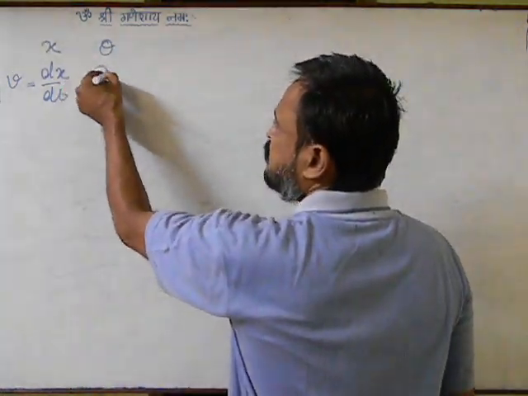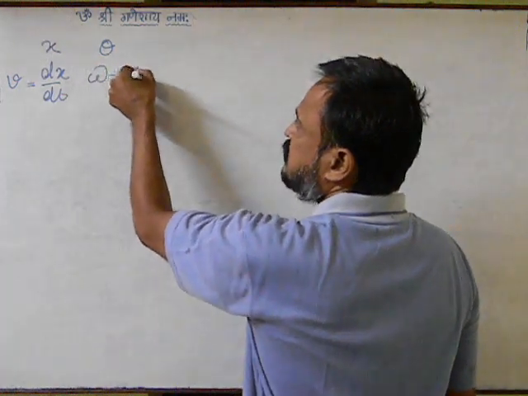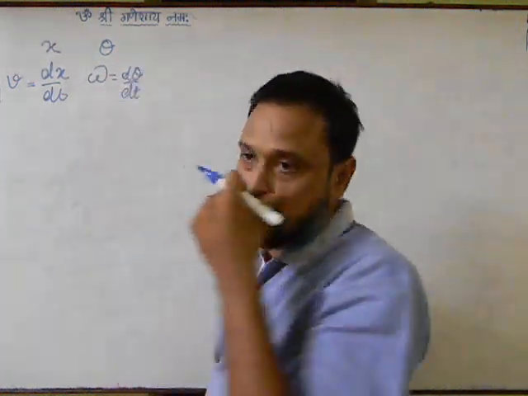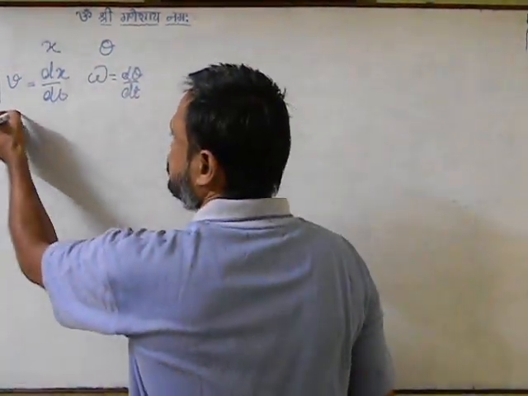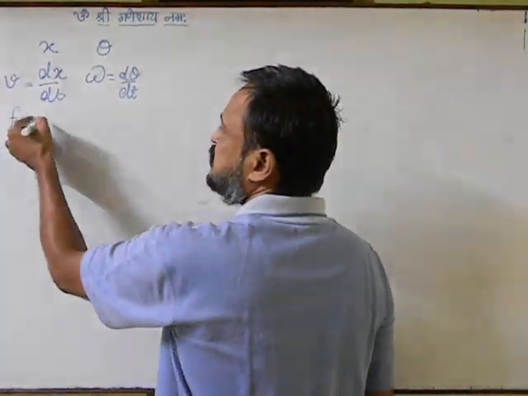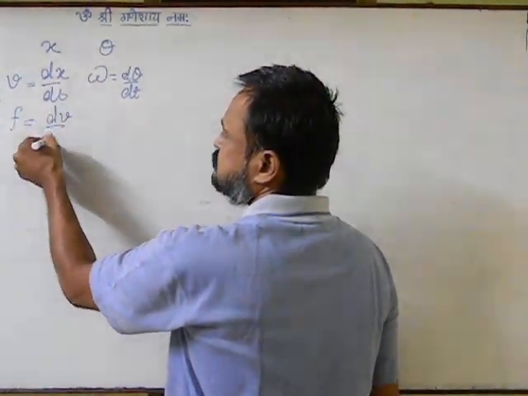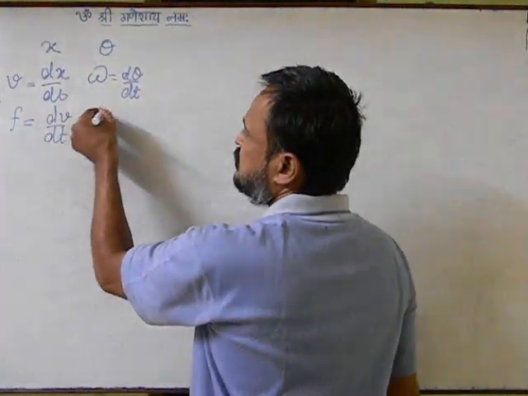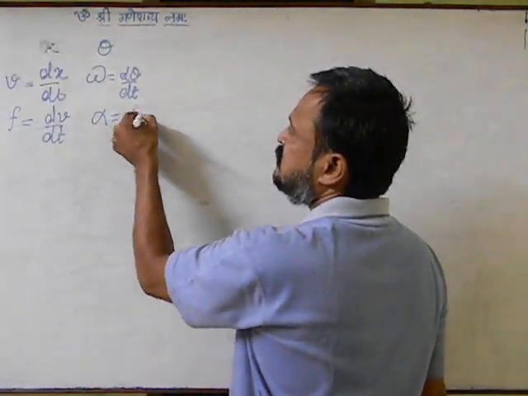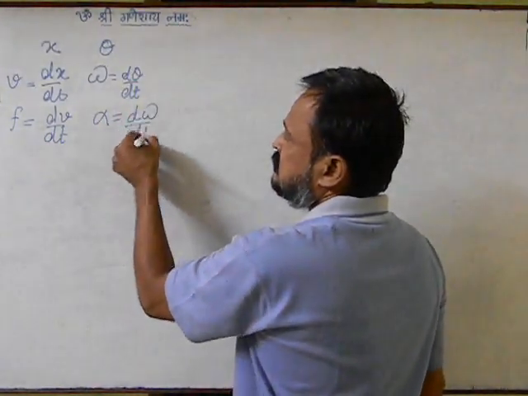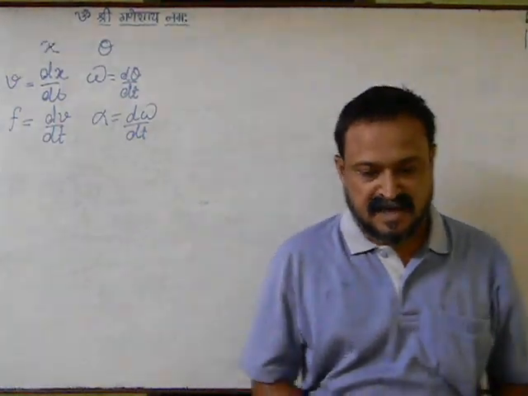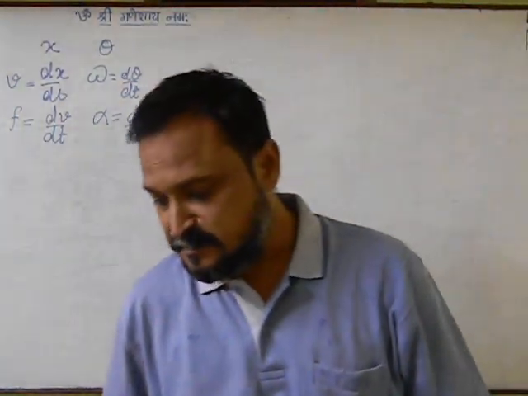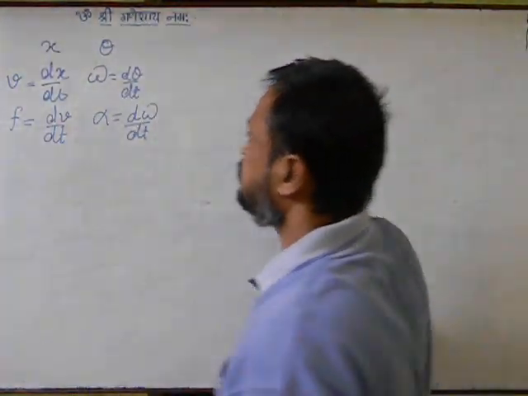So angular velocity is d theta by dt. Now we'll try to understand the acceleration part. So acceleration is rate of change of velocity. So here the angular acceleration will be this. So this is what we are trying to interpret in this session.